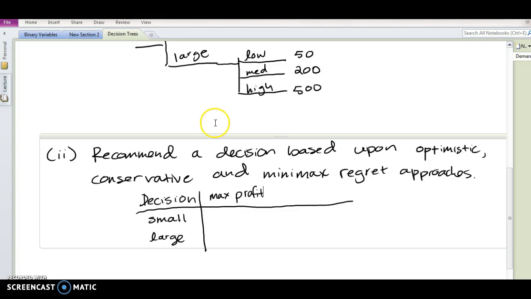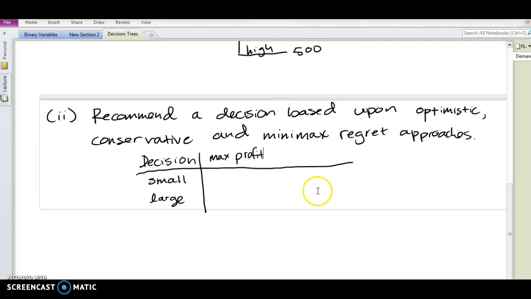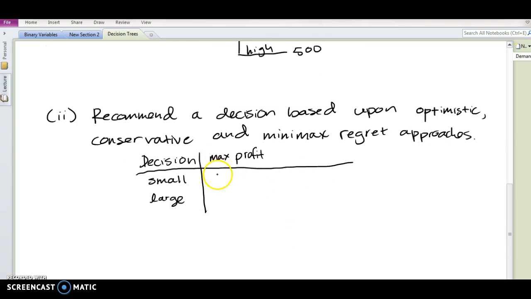So the maximum profit for small is 200. That's the biggest number we see based on whatever the state of nature of the marketplace is following it. And for large, 500 is the most. So we have 200 here and 500 here.